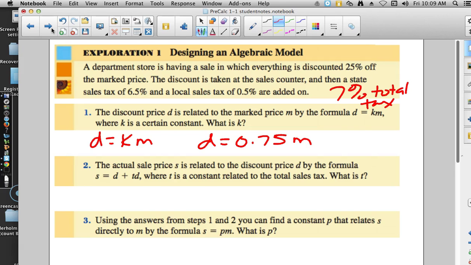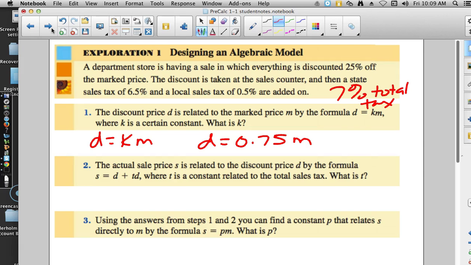So if you had a calculator in the store, instead of figuring out 25% and then subtracting, you could just figure out 75% times the market price. Now that, of course, is before tax. In Minnesota, we're not used to clothes being taxed, but some states do tax clothing.